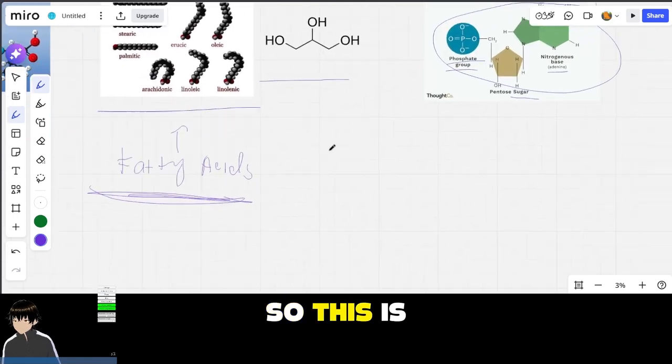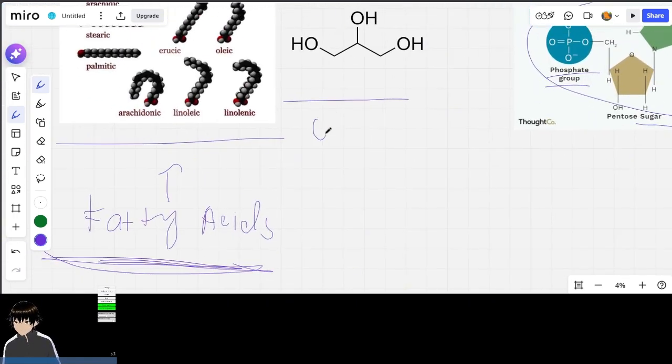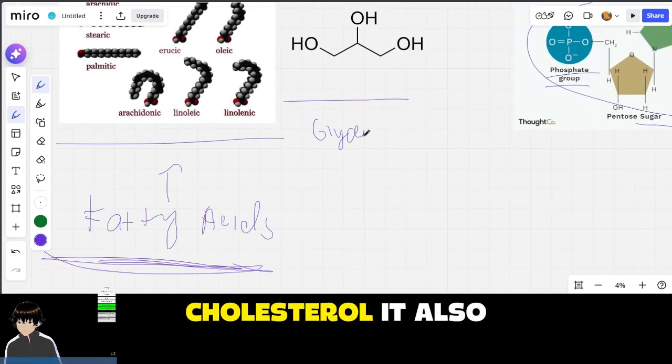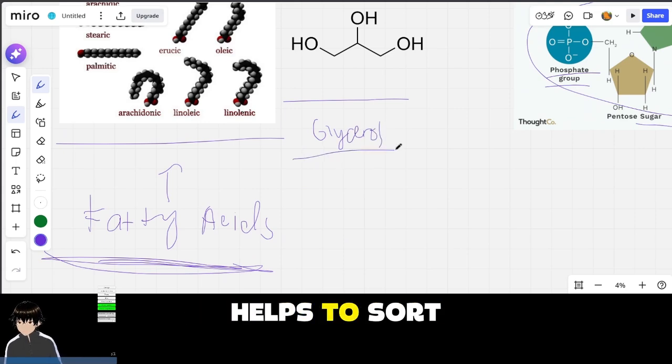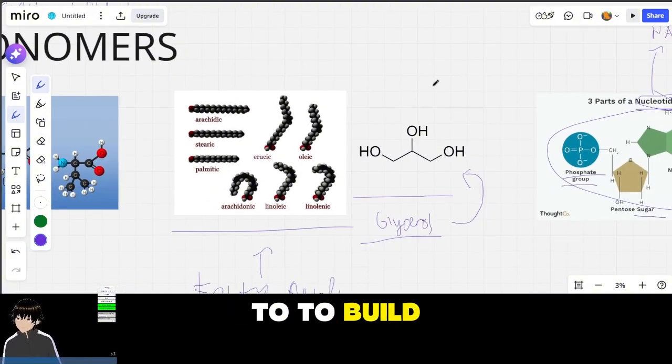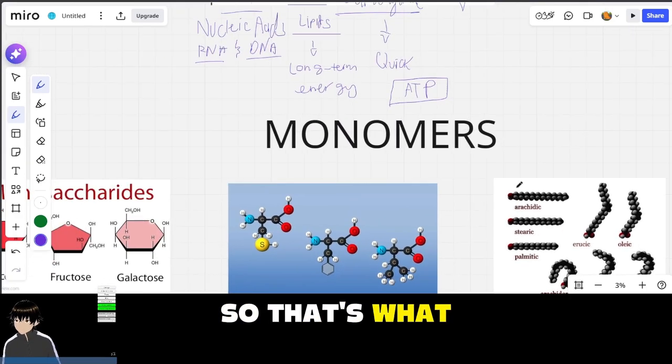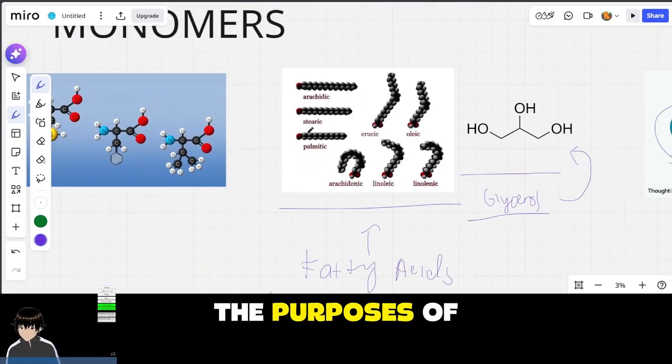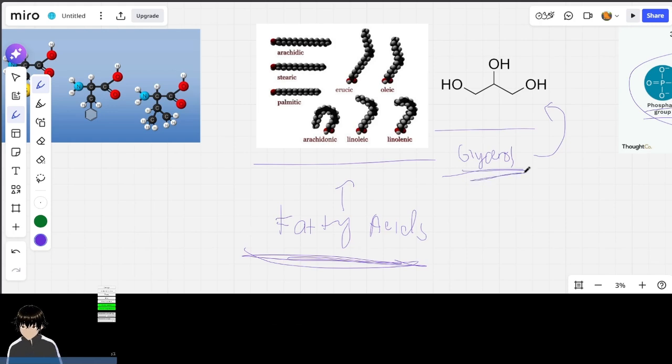This is a chemical compound. Glycerol basically serves to help build a lipid, so that's the purpose of these.